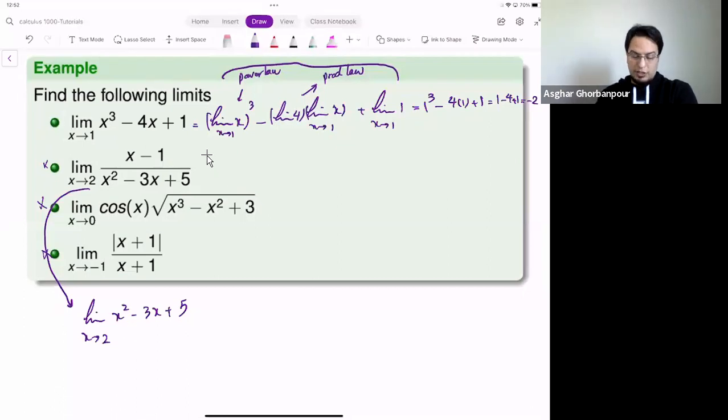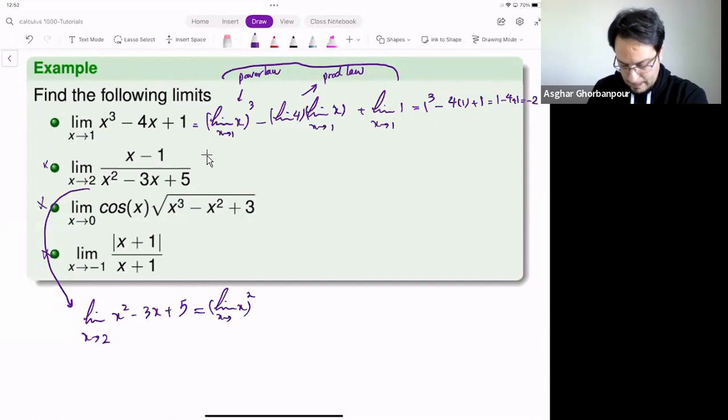I cannot use the quotient law if the limit of the denominator is 0. So in this case, this will give me the limit of x squared minus 3 times the limit of x as x goes to 2, plus the limit of 5 as x goes to 2.